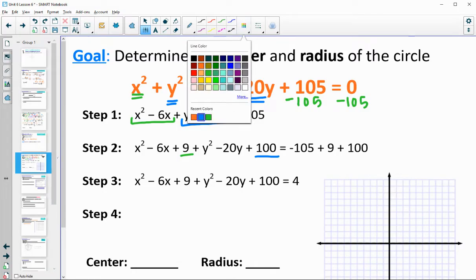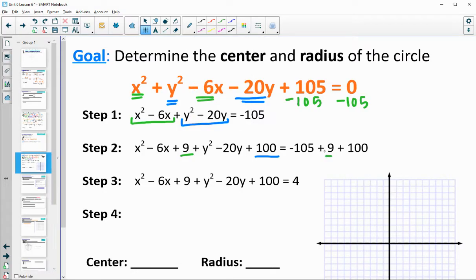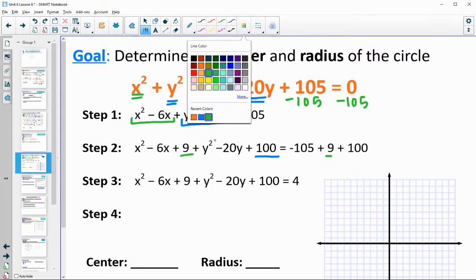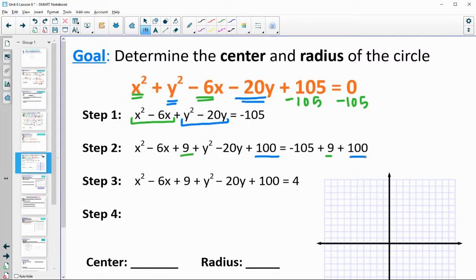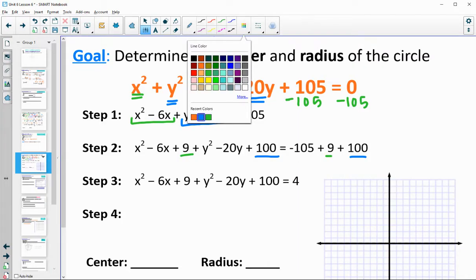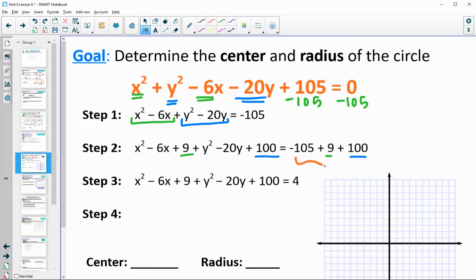And then why did she do it on the right side? So why did she then also put the 9 and the 100 on the right side? Was to keep the equation balanced. Okay. And then just combined all of these, right? So then just simplified here to get to this 4.